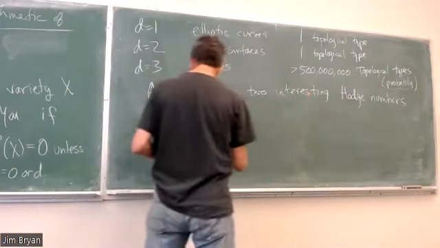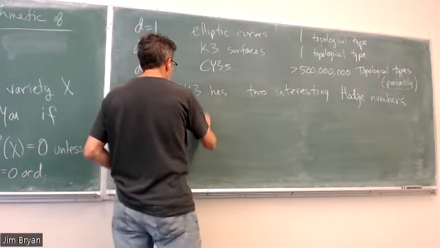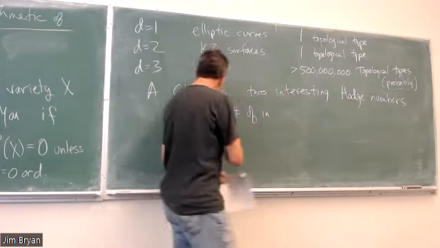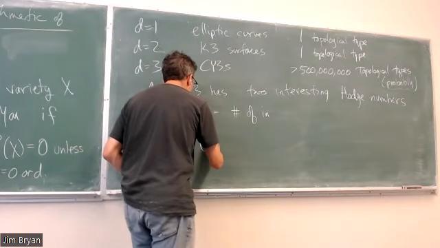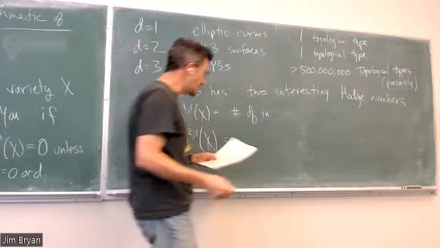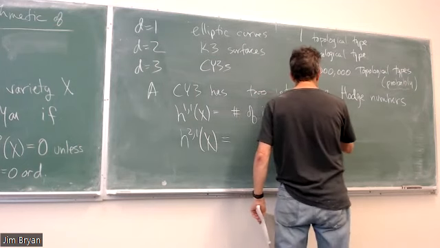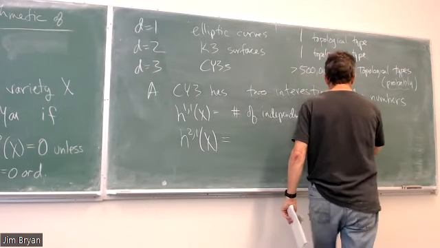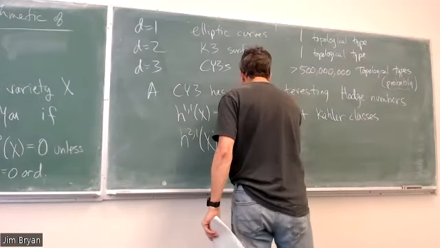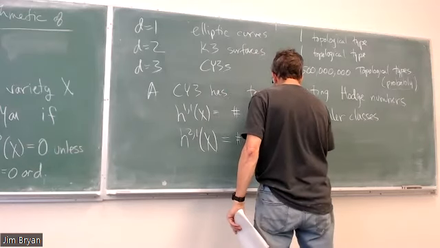The two that determine the interesting ones are H11 of X and H21, and they each have geometric significance. So H11, you can think of as the number of independent Kahler classes, and H21 is the number of independent complex deformations.